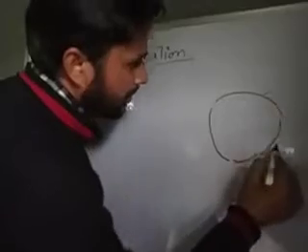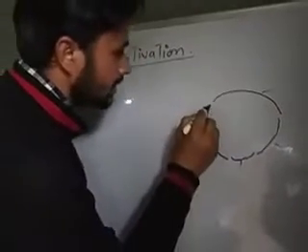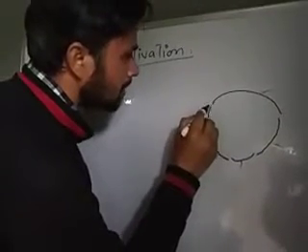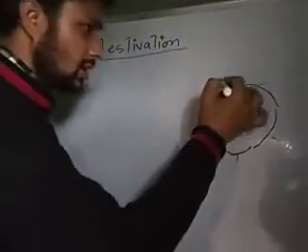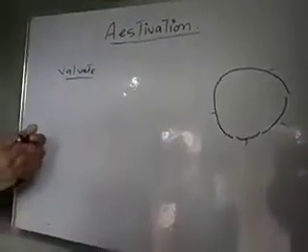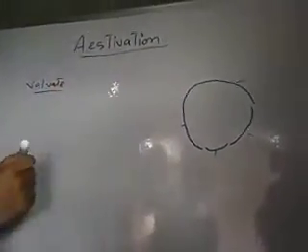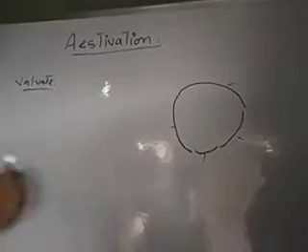These are appendages and their margins just touch with each other but do not overlap. So in valvate type of aestivation, the floral appendages do not overlap with each other.